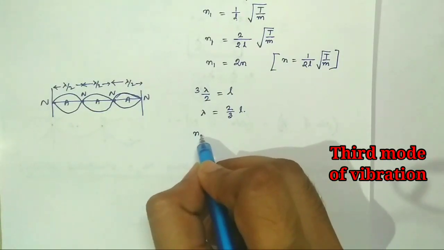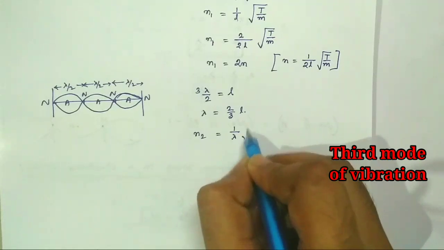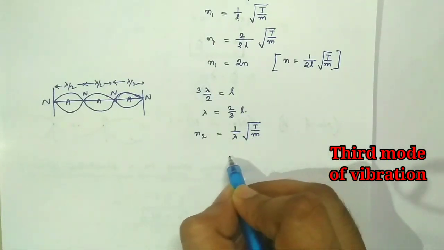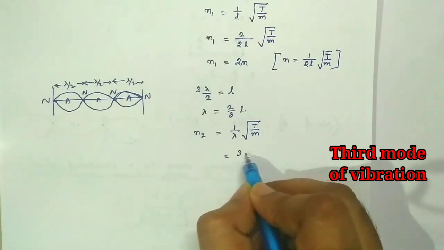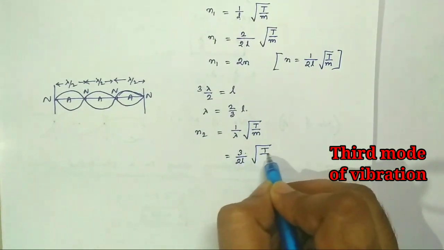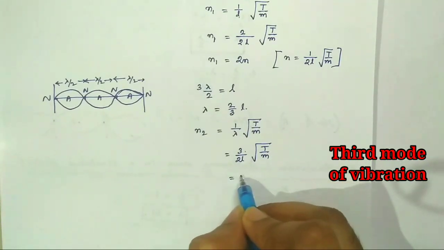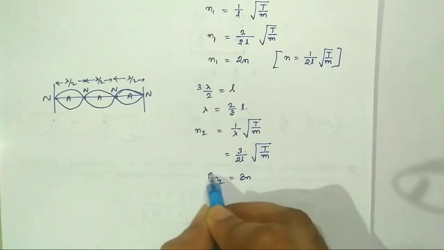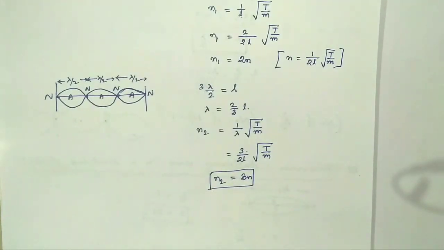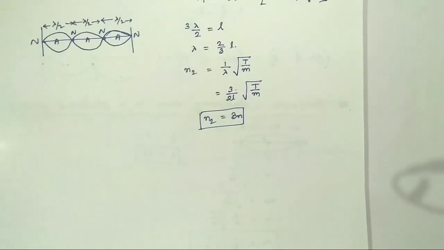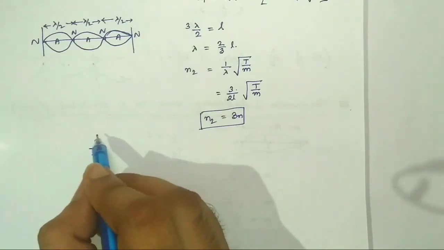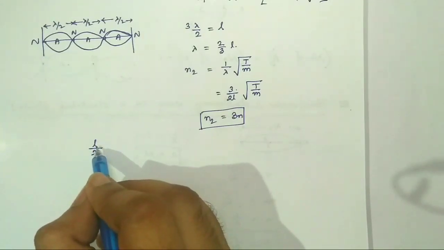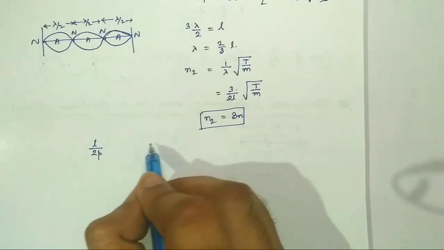Now the frequency is given by N2 equal to 1 by lambda root under T by M, or putting the value of lambda we can write 3 by twice L root under T by M, that is 3N, or N2 equal to thrice N. Now in general we can say that if the string is plucked at the length of L by twice P, then it vibrates in P segments.